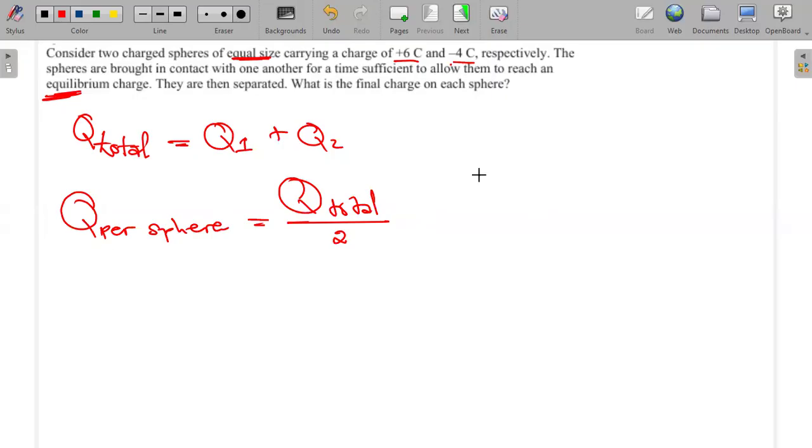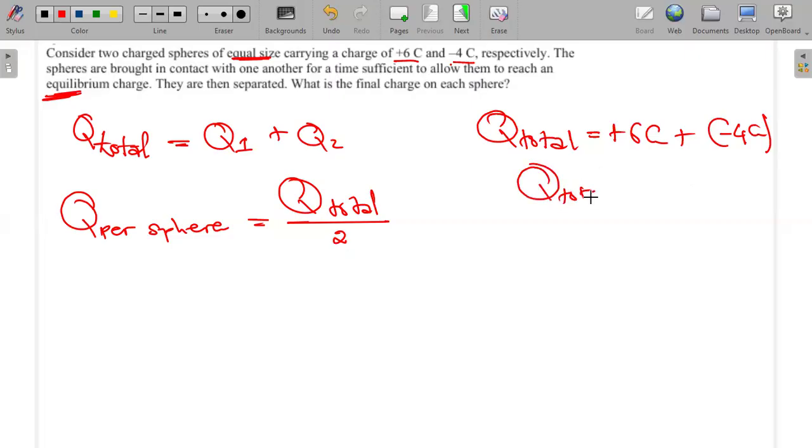So my total charge, Q total, will be equal to positive 6 coulombs plus negative 4 coulombs, which gives us positive 2 coulombs. This is our total charge in this case.